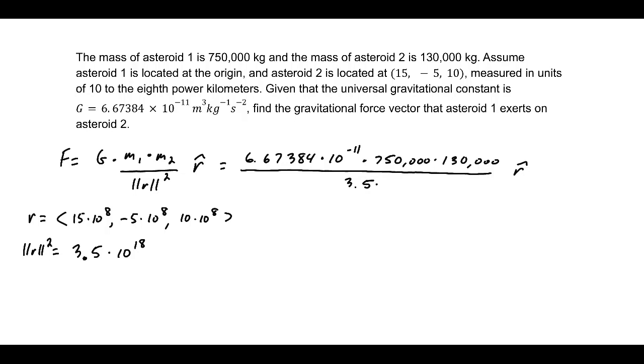So substituting that into our expression, we now have a very large constant multiplied by the unit vector in the direction of r. So let's go ahead and find that unit vector, r hat.